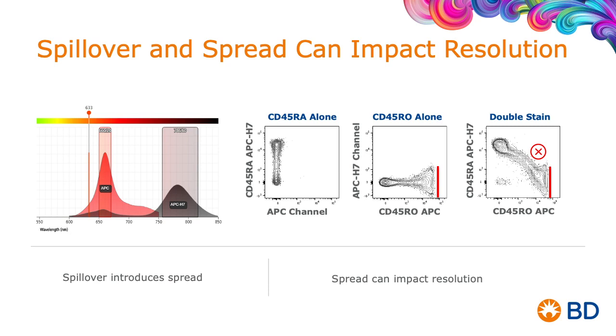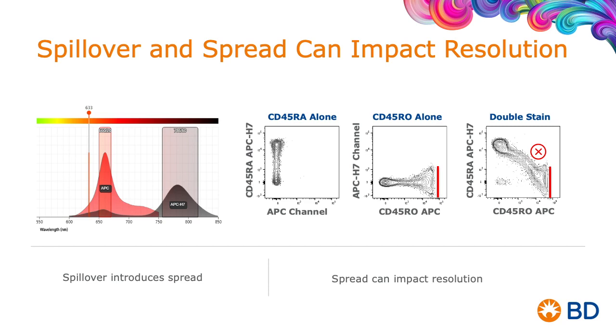In this example, we're going to show why it's important to minimize spillover. Let's take, for example, an experiment where we want to resolve CD45RA and CD45RO in a co-stain, 2-stain experiment. And we're choosing first 2 fluorochromes, APC and APC-H7.